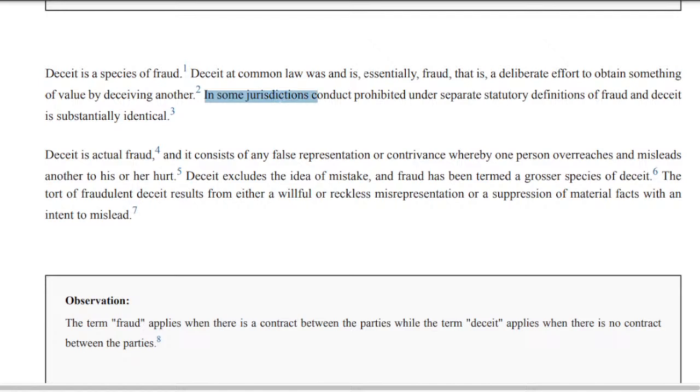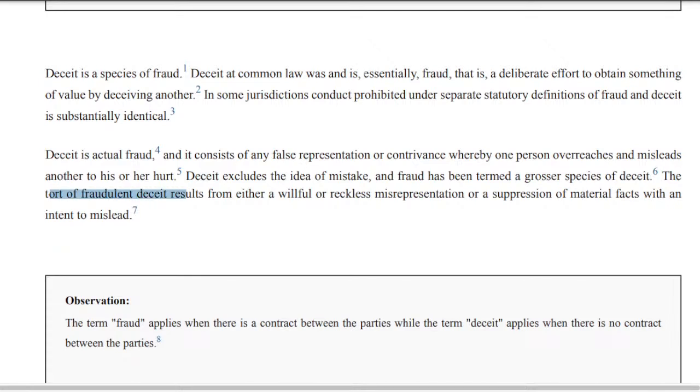In some jurisdictions, conduct prohibited under separate statutory definitions of fraud and deceit is substantially identical. Deceit is actual fraud, and it consists of any false representation or contrivance whereby one person overreaches and misleads another to his or her hurt. Deceit excludes the idea of mistake, and fraud has been termed a grosser species of deceit.